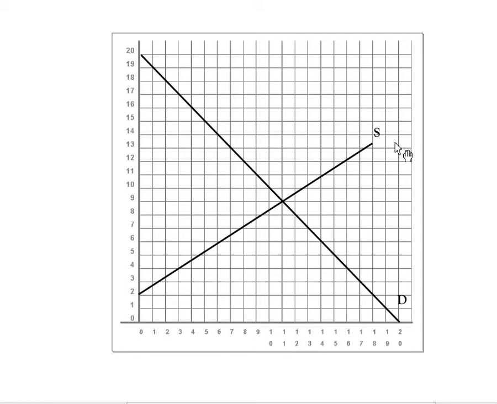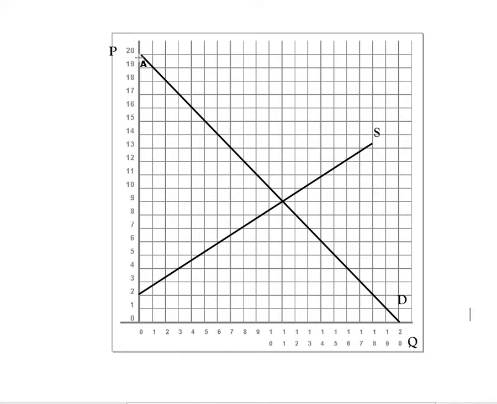And remember, just to review the terminology, that here at $20, this is the y-intercept for the demand curve. And again, we put price up here. Let me label these axes properly. Price on the y-axis, and we put quantity down here on the x-axis.